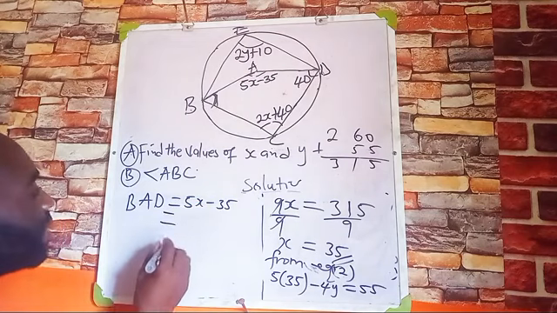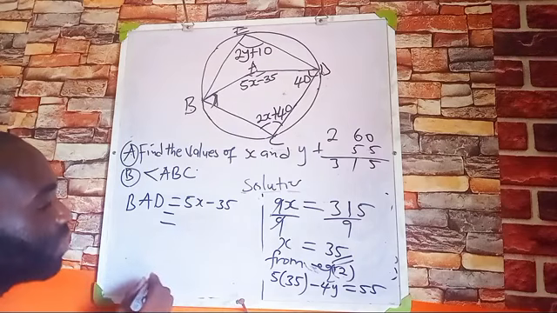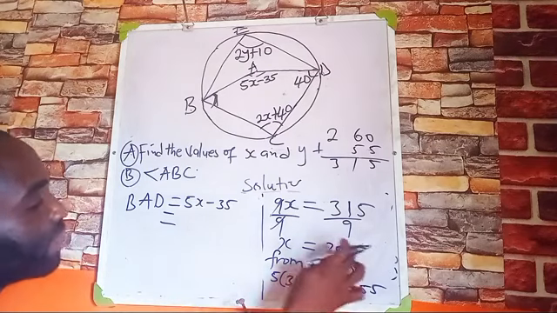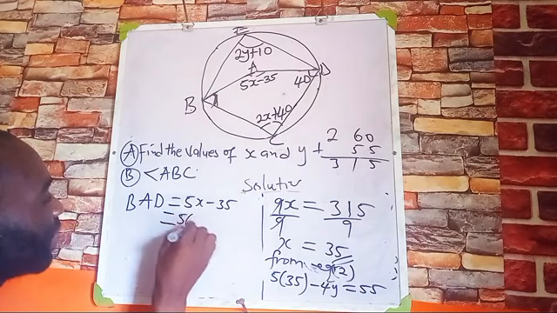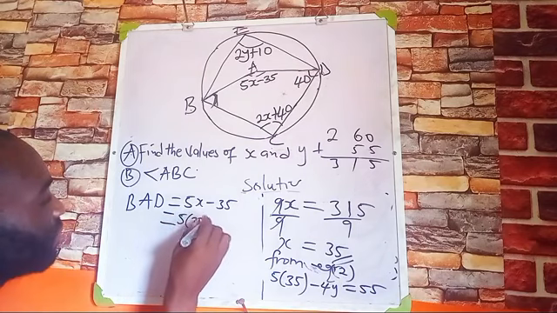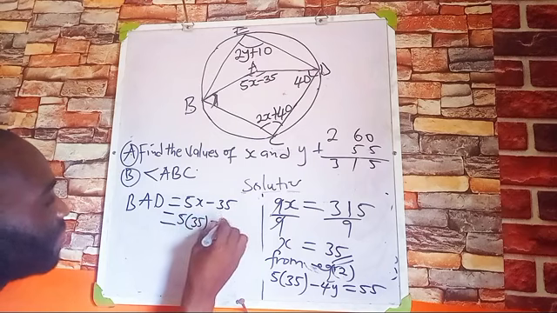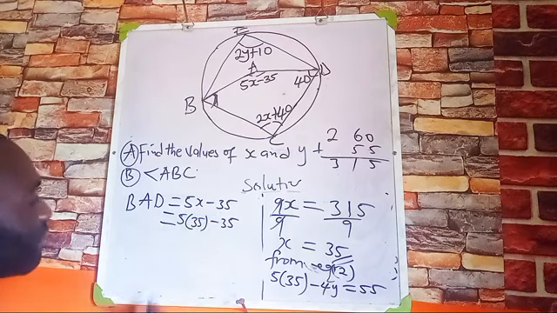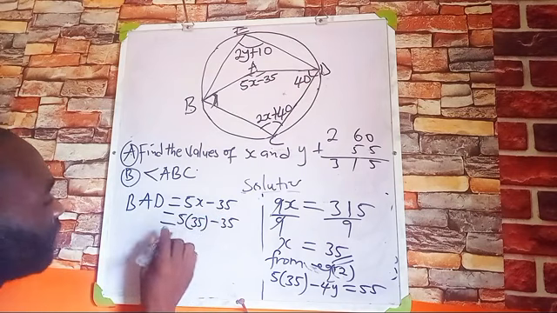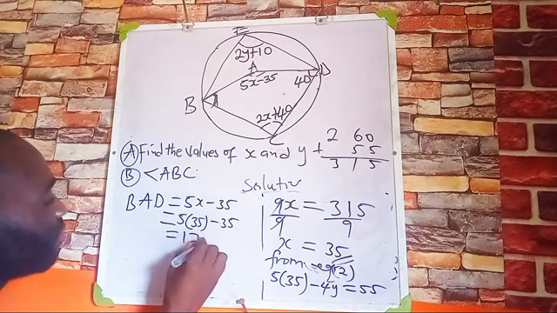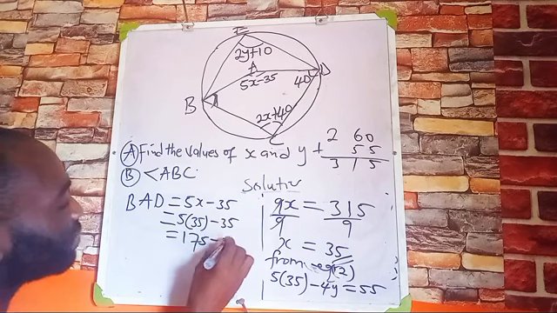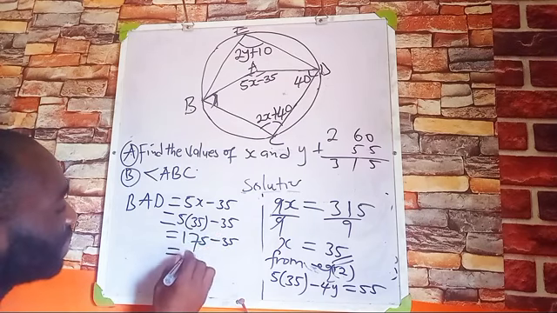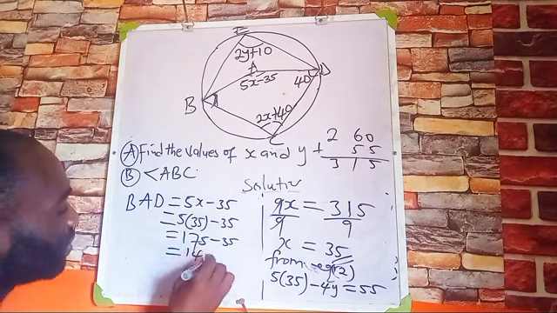We know that x is 35. So 5 bracket open, 35, minus 35. 5 times 35 will give us 175. We did that before. And minus 35 is the same thing as 140.